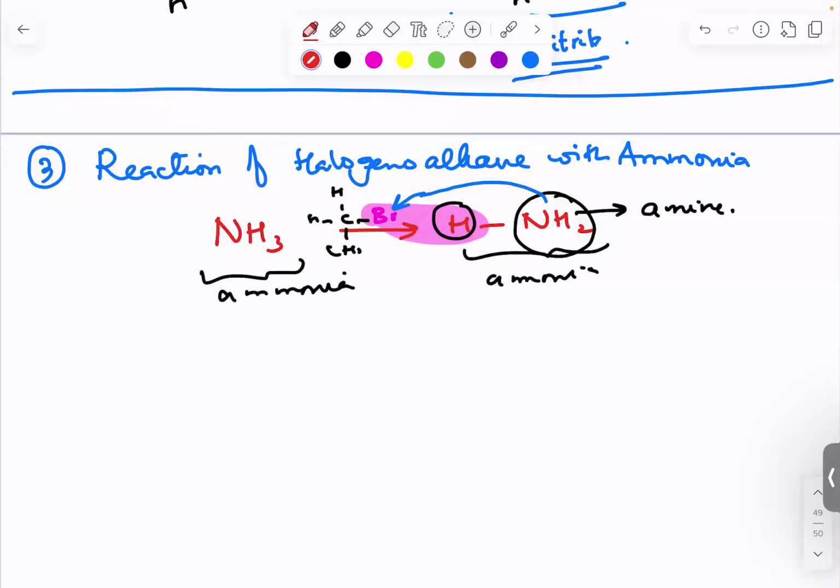The reaction of halogenoalkane with an excess concentrated solution of ammonia. Now, what is the reagent and condition? Excess, number one, and number two, concentrated solution of ammonia, in ethanol. And again, you need to prepare it in a medium. Most of the time it is water, which is called aqueous, but sometimes we take alcoholic.